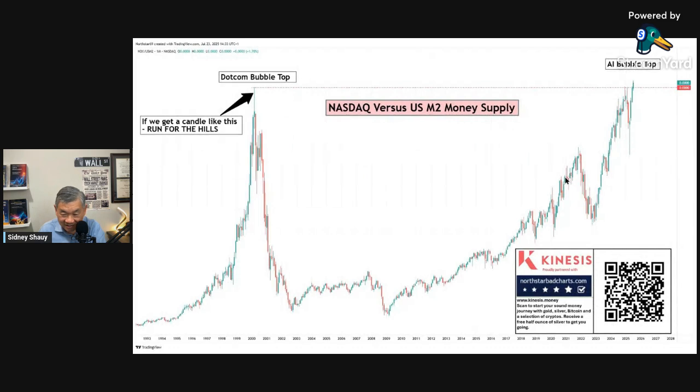This is another one that's talking about the Nasdaq versus the M2 money supply in the US, right? What is the M2 money supply? It's basically liquidity. How much money is moving around in the market? If we have a lot of money moving around, this money will end up in the stock market, right?